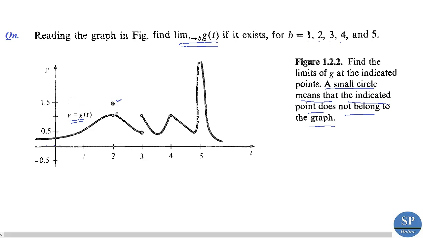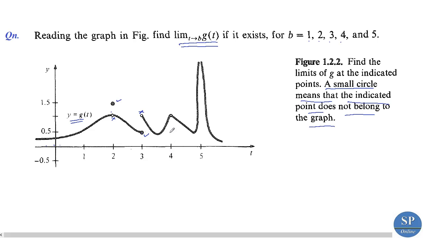This is not the value, but this is the value at x equal to 2. That is what the small circle means. At x equal to 3, the function value is this, that means 0.5.